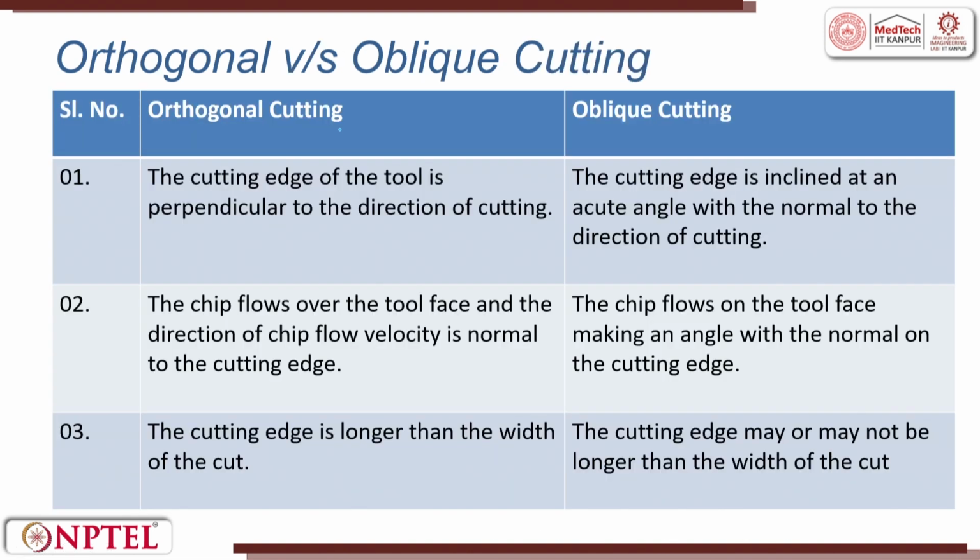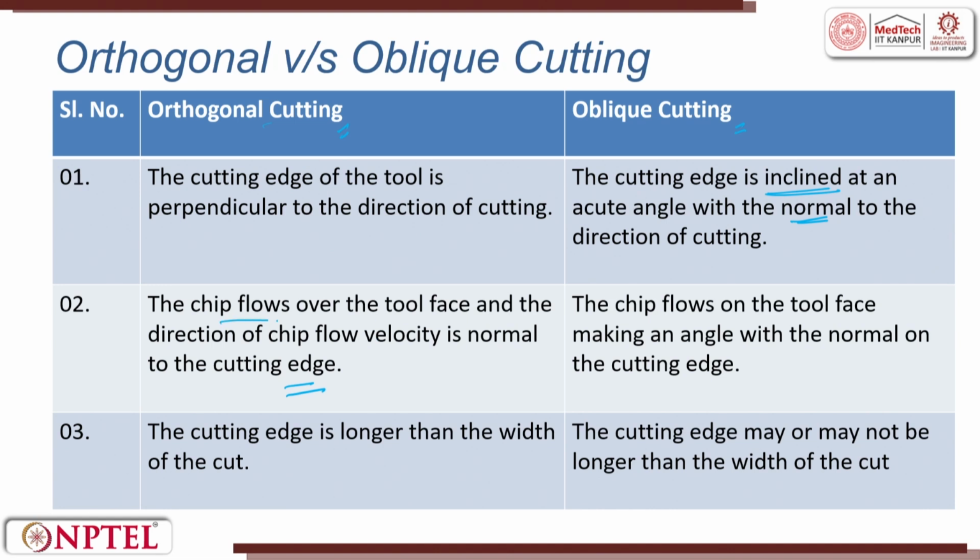Now let us see the difference between orthogonal cutting and oblique cutting. In reality, the majority of cutting processes fall under oblique cutting. In orthogonal cutting, the cutting edge of the tool is perpendicular to the direction of the cut. Here it is inclined with the normal to the direction of cut. The chip flows over the tool face and the direction of chip flow velocity is normal to the cutting edge.